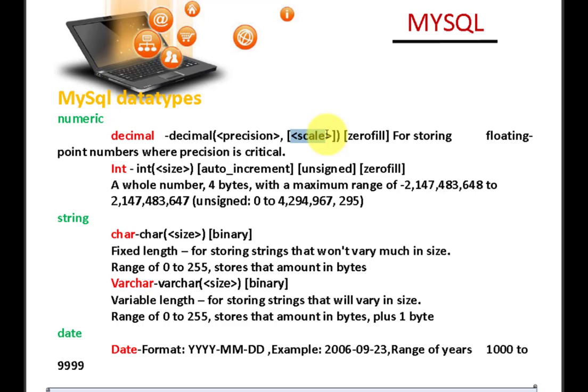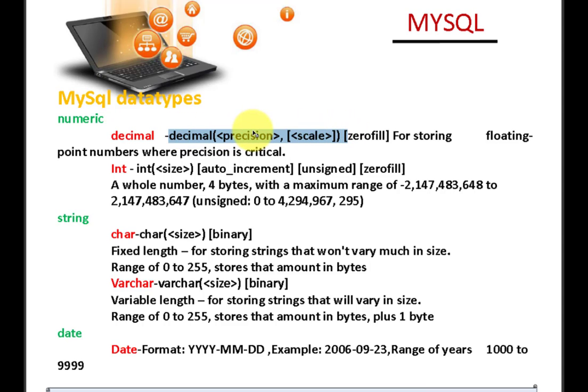So the precision is 2 and the scale is 1, so you put 2 comma 1. Two digits come under the precision, and after the decimal point only one digit should be stored. So this is the decimal.